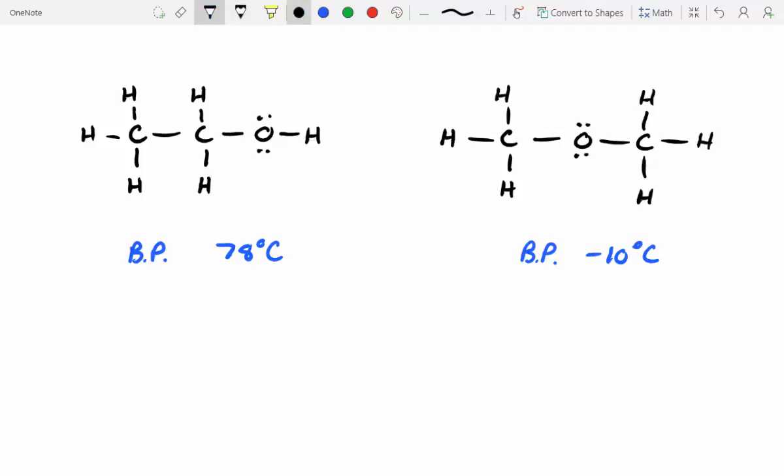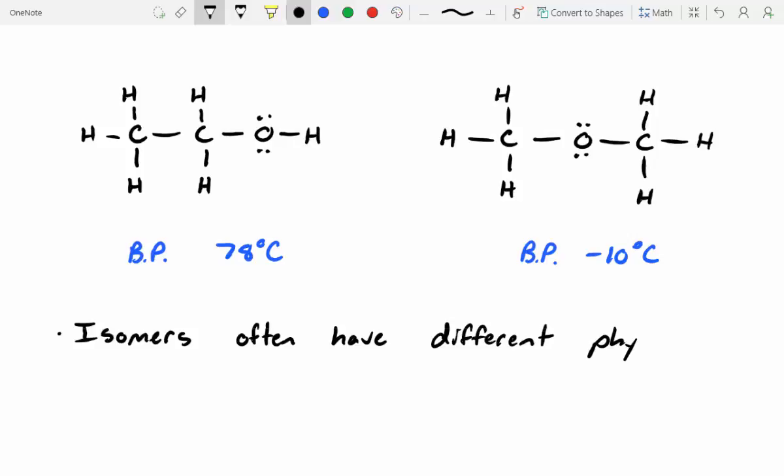The reason being, isomers often have different physical properties.